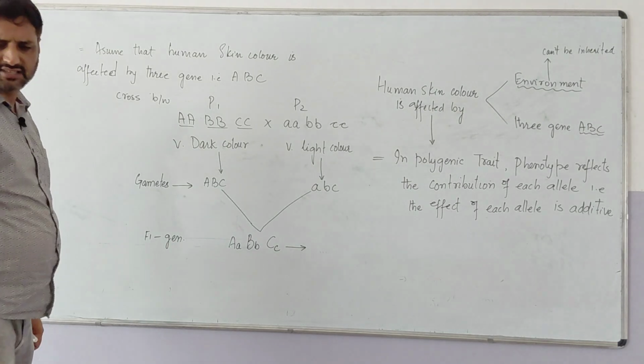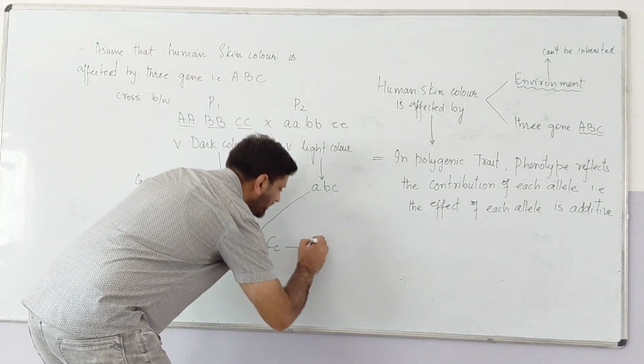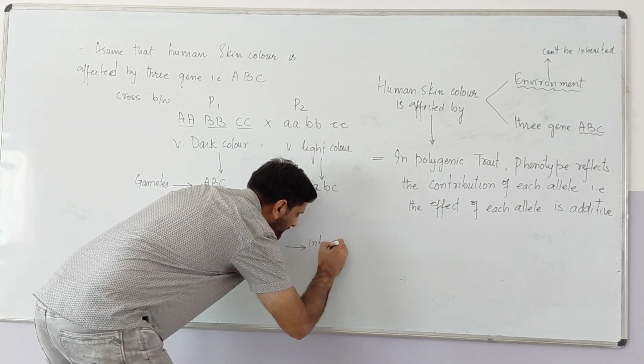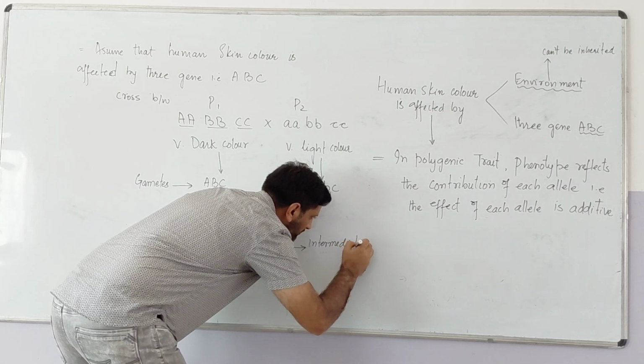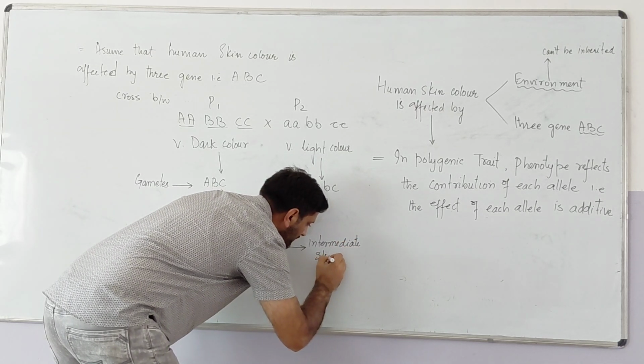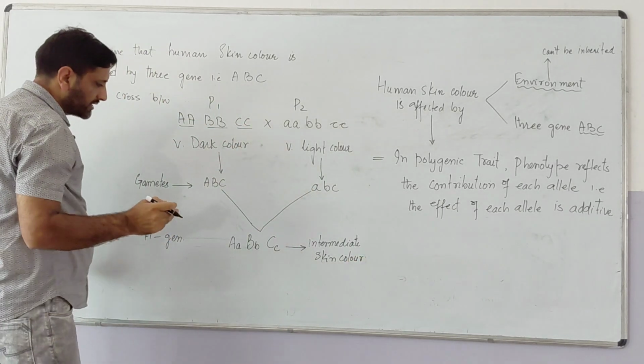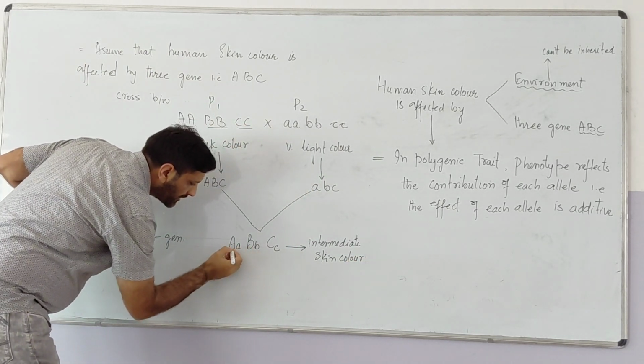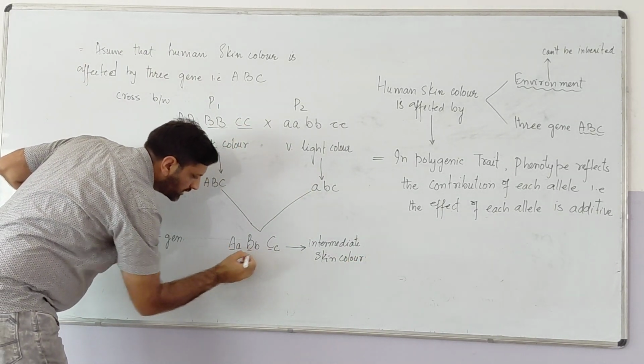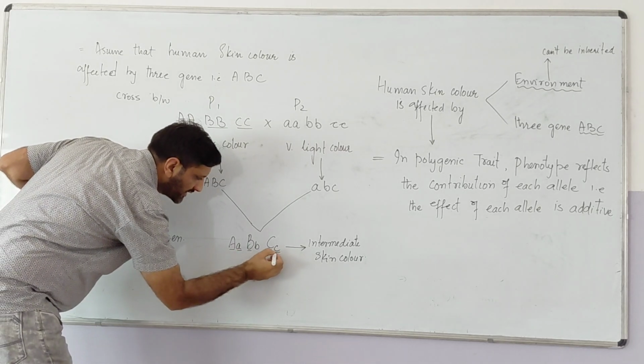It's an intermediate skin color. So it will have intermediate skin color. If we see, there are three dominant alleles, 1, 2, 3, and there are three recessive alleles.